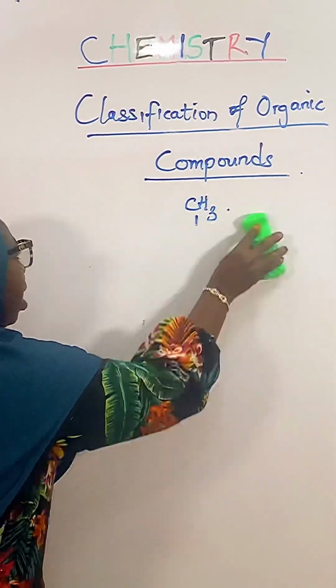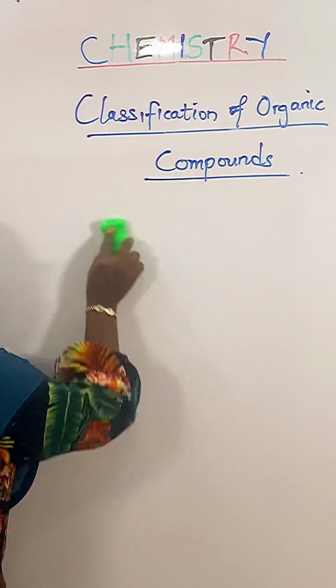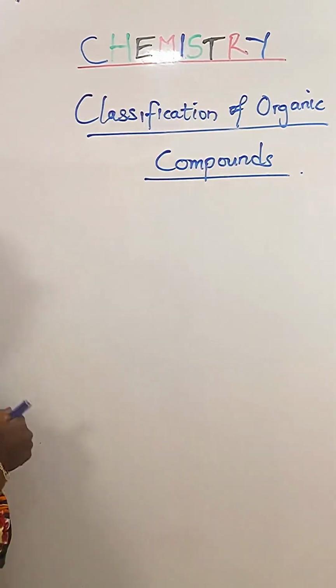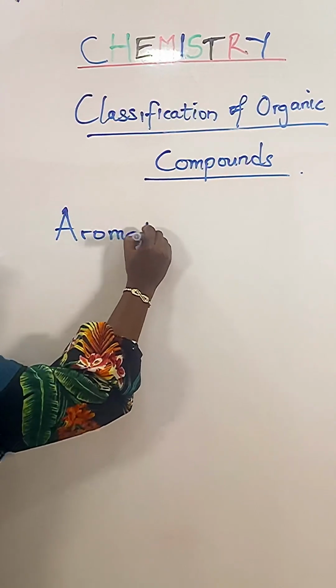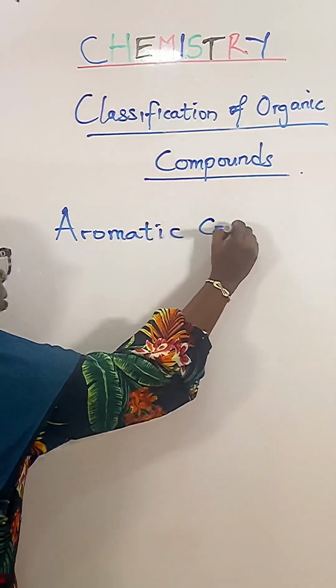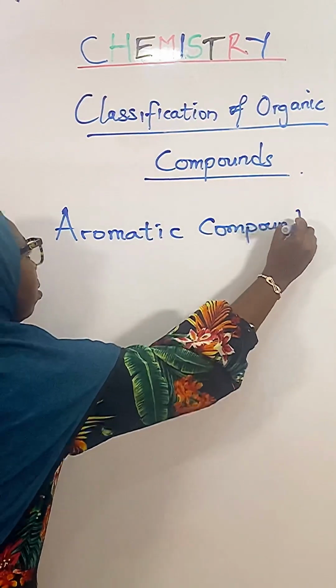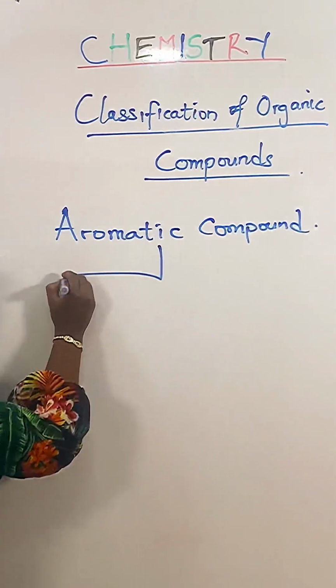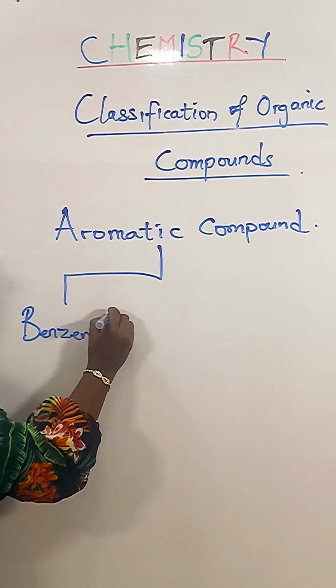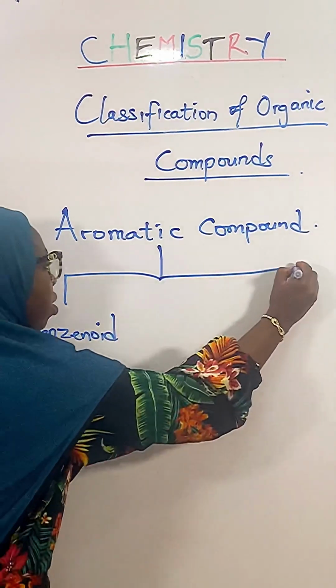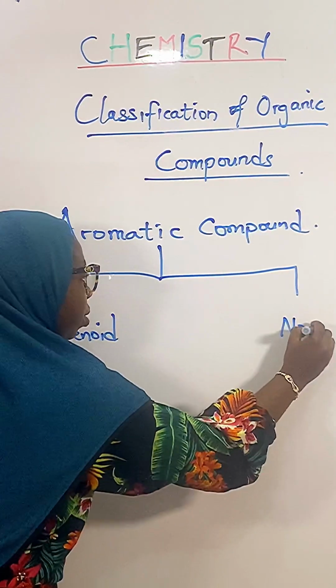Under aromatic compound, we have what we call benzenoid. Aromatic compounds can also be of two types. We have benzenoid compounds, and we also have non-benzenoid compounds.